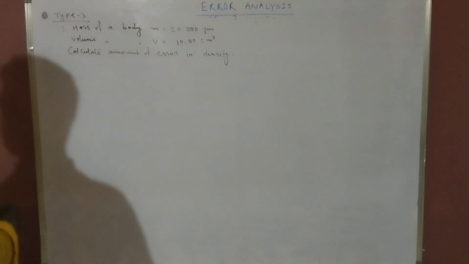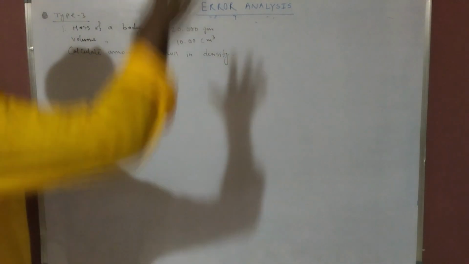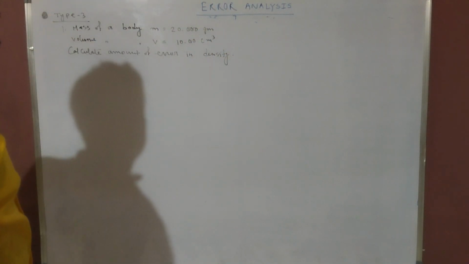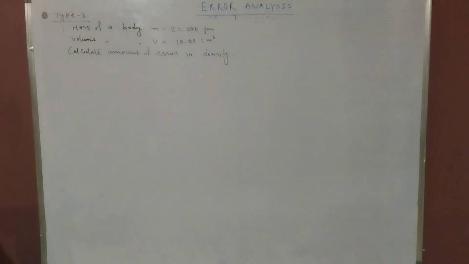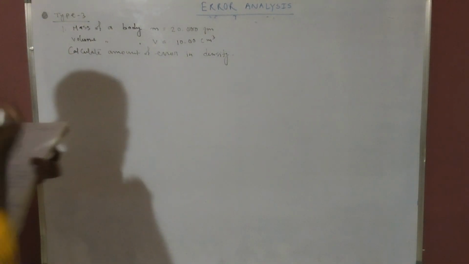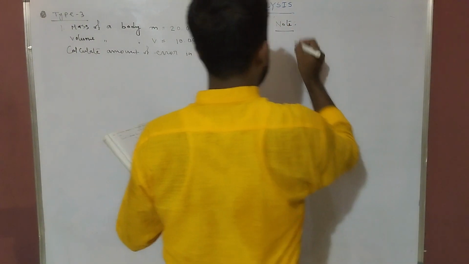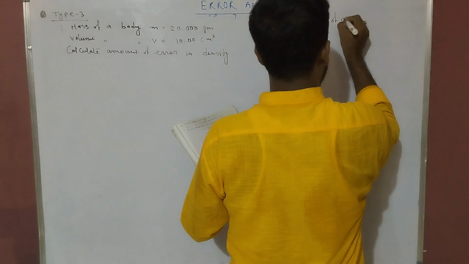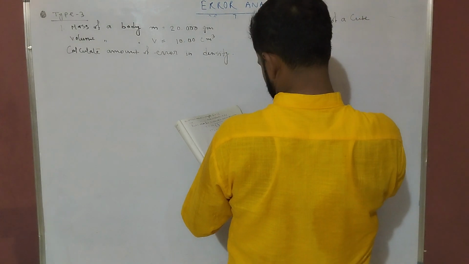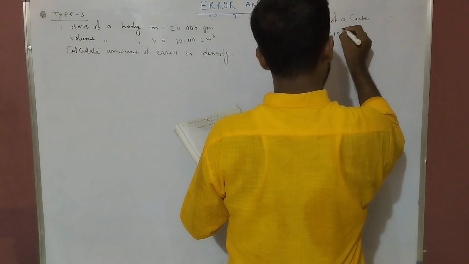Let's see. At first you have to clear a concept. Suppose, note this, the length of a cube is 1.2 into 10 to the power minus 2 meter.